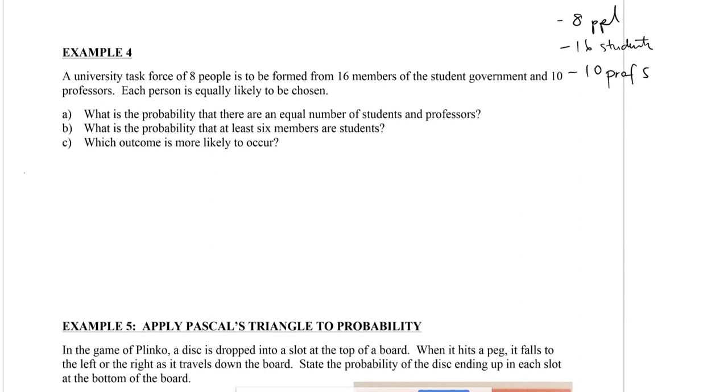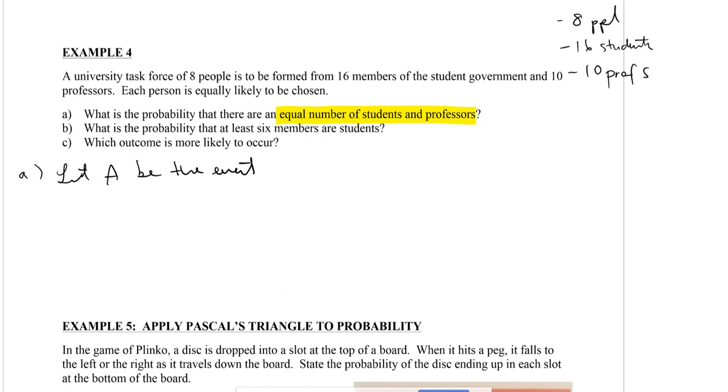Okay, so let's write out what event A is. Let A be the event of equal number of students and professors. So equal number between the two.